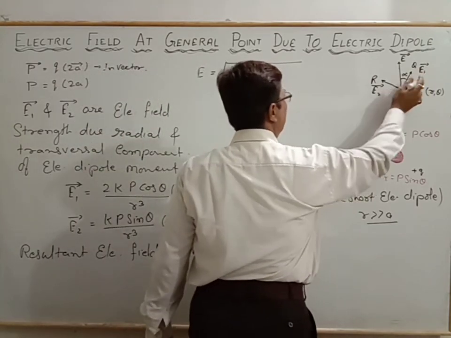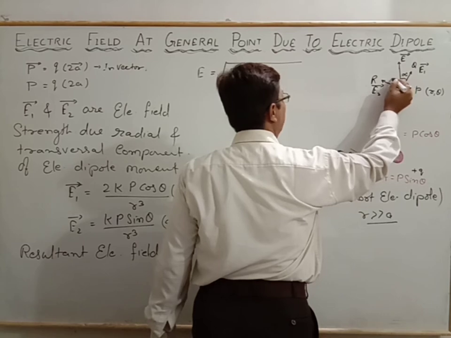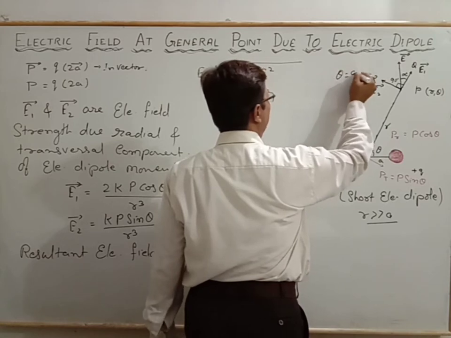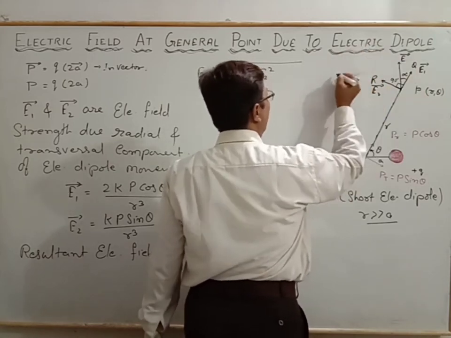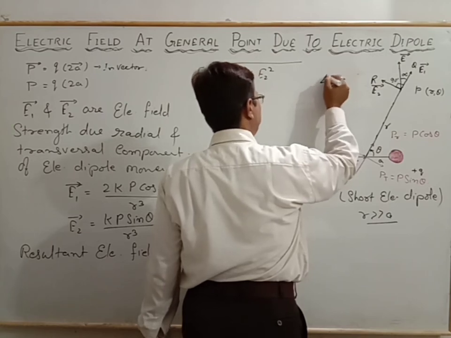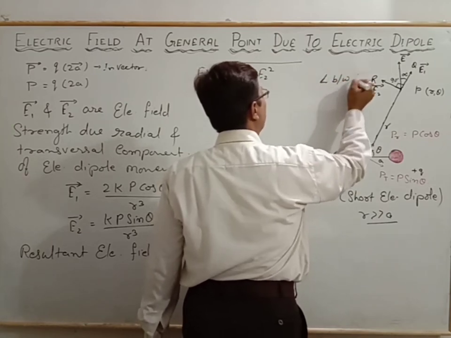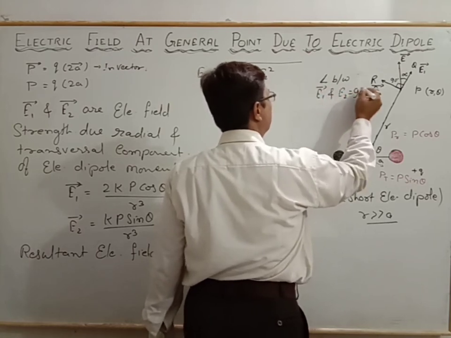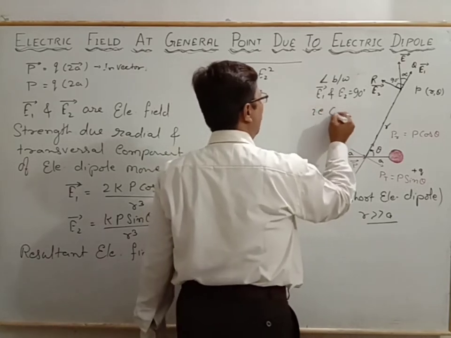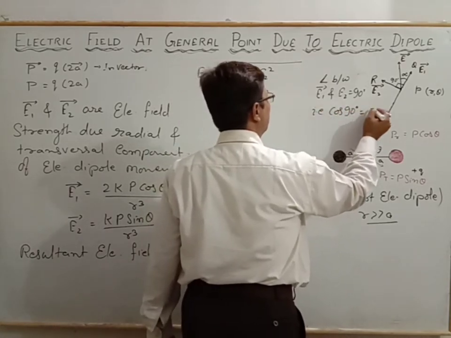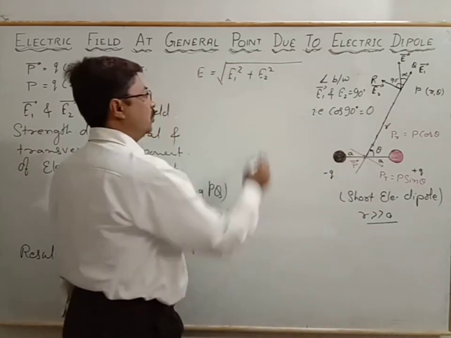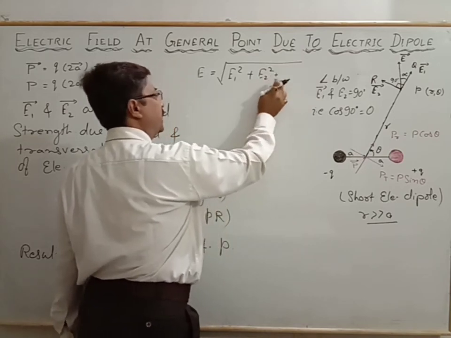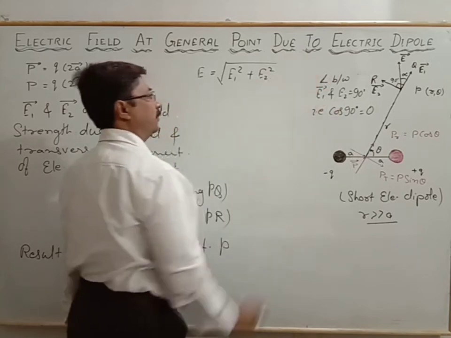Here these two vectors make an angle of 90 degrees between them, and we know that the angle between the E1 vector and E2 vector is 90 degrees, which means cos of 90 degrees is equal to 0. So we remove the cos factor from here.